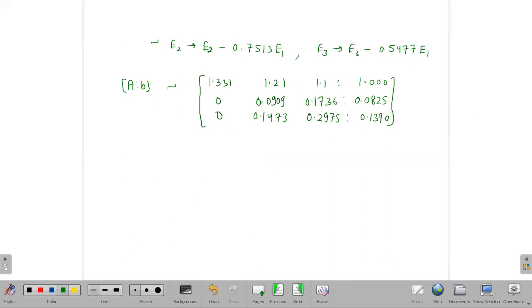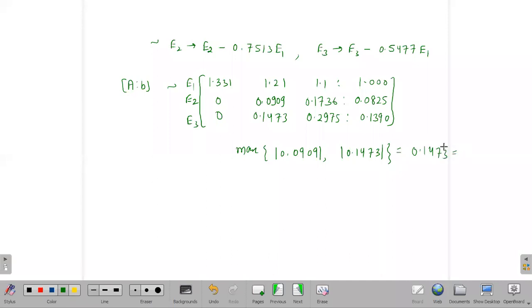So now this is again first row, second row, and third row. So now again use partial pivoting. Here also don't forget to use partial pivoting. So the maximum of 0.0909, 0.1473 is 0.1473.